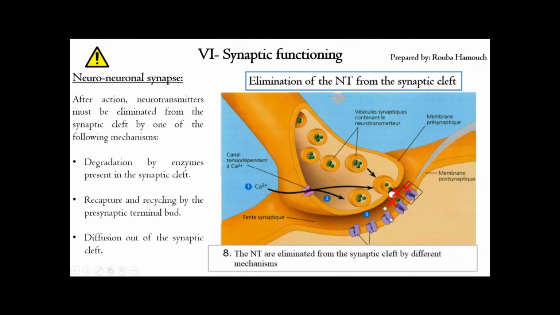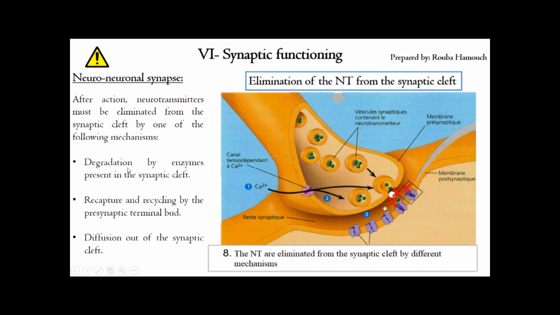After the passage of ions through the membrane, and after their action, neurotransmitters are eliminated from the synaptic cleft. It's the last step in the synaptic transmission. The neurotransmitters are eliminated by one of the following mechanisms.